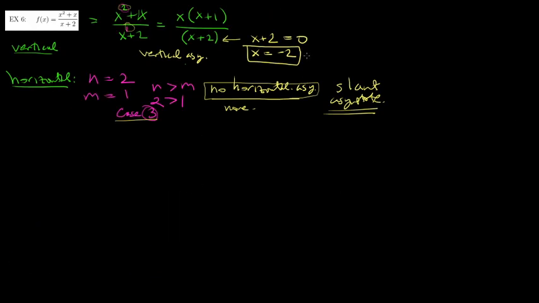So the vertical is x equals negative 2, and the horizontal is none. There is no horizontal asymptote, but there is a slant asymptote, and we're not going to ask for those in this course. So we just say there's no horizontal asymptote and leave it at that. I hope that helps with these 3 examples.